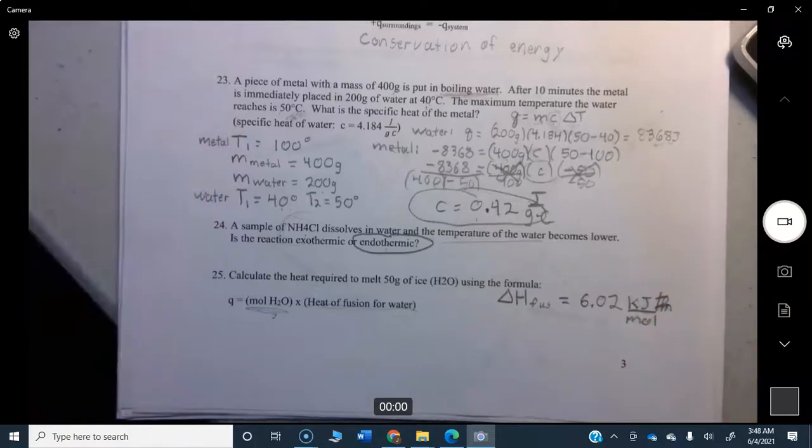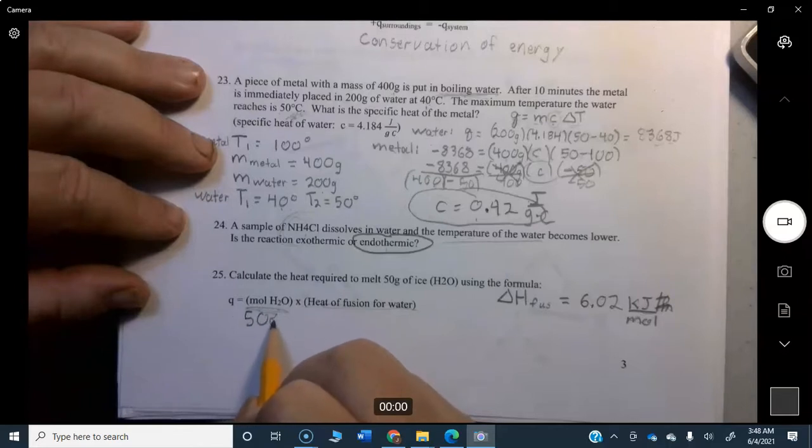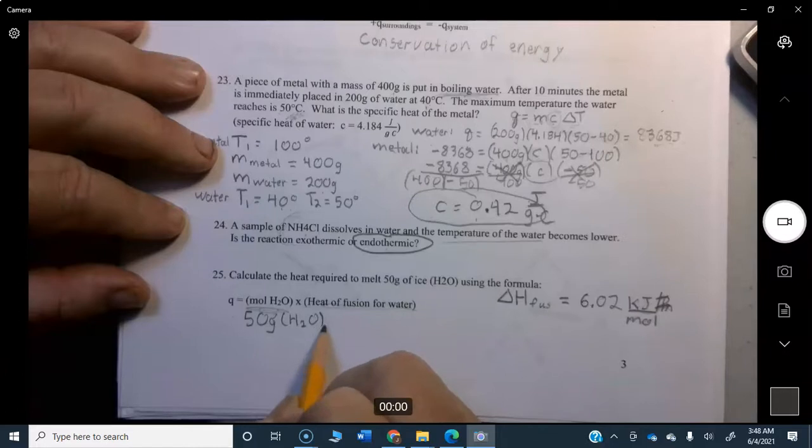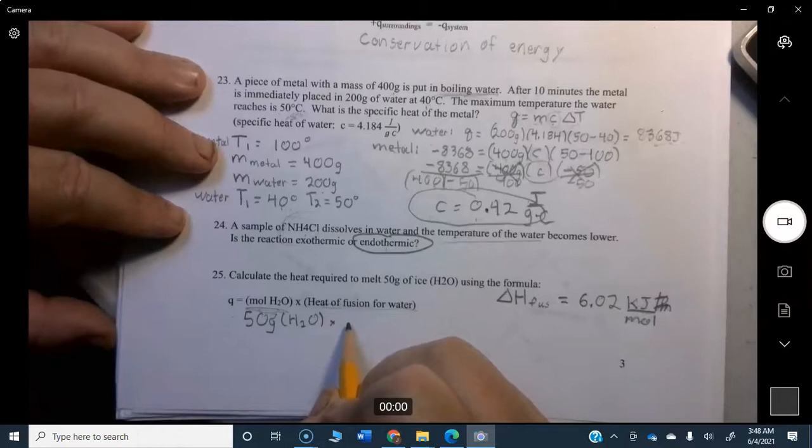so you can cancel units. Okay, so first thing we need to know is it's 50 grams of water. We got to convert that to moles. Okay, that's a molar mass conversion. So 50 grams of H2O times, and you calculate the number of grams per mole of water.